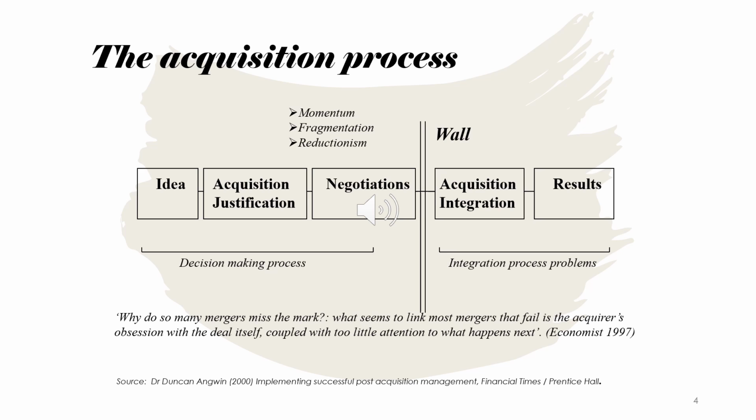Another point in the diagram, you'll notice two vertical lines between negotiation and acquisition integration. This is something I discovered in my research years ago: the people doing the negotiations, namely the chief executive and the financial director, are often not the people who then manage the integration process.